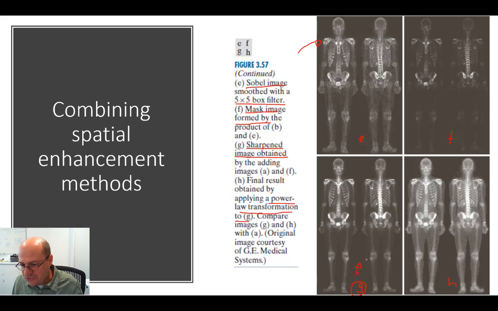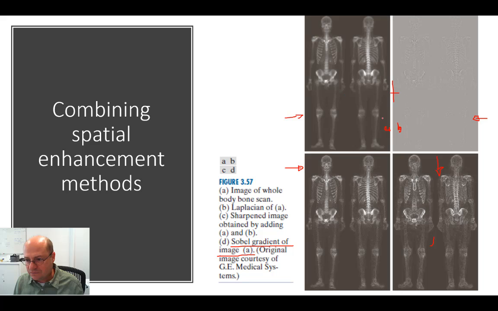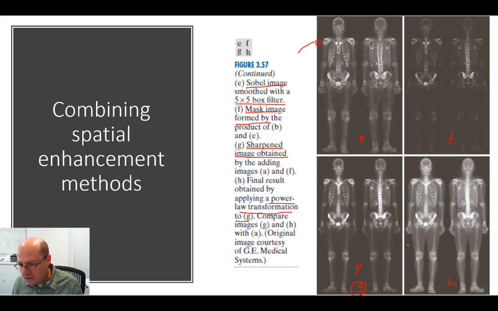Once I superimpose this with the original, I can see better, and after using a power law transformation that we've seen a couple of videos back, we can see the tissues and how the bones are centered in the tissues. Again, that depends on the use of the image and how you're going to apply it.